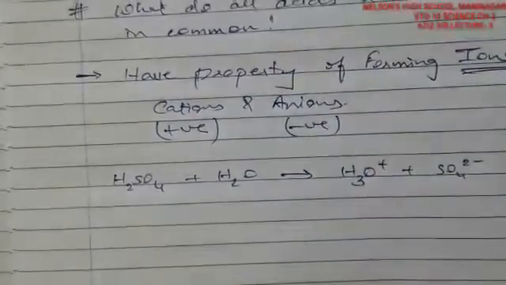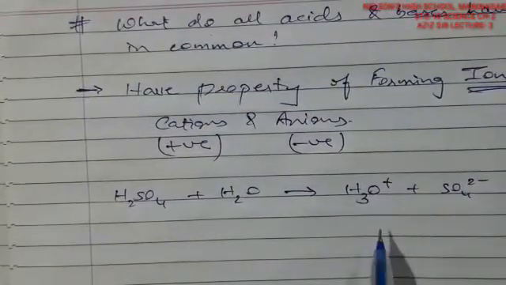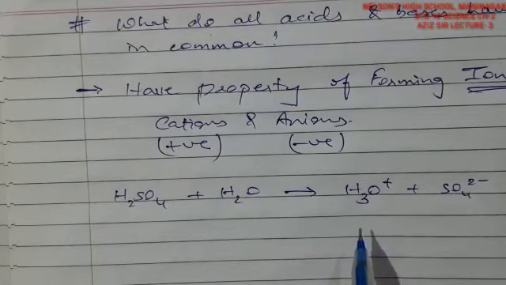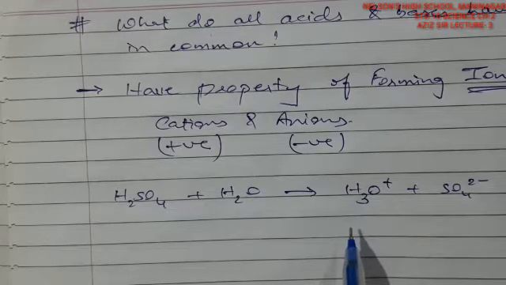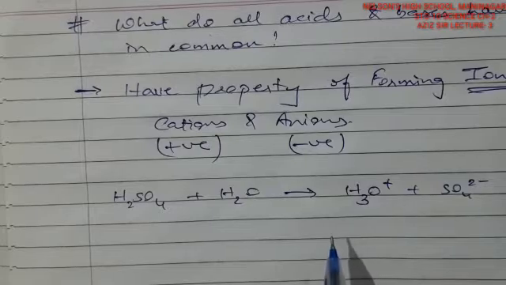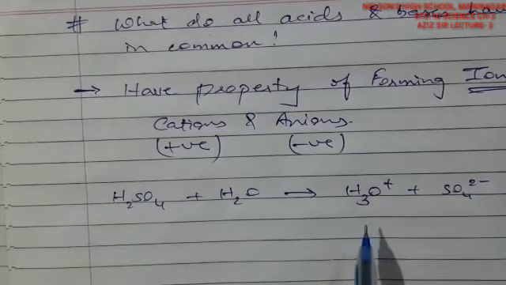Because of the forming of ions, electric current passing is possible. Pure water does not pass any electric current, but in case of acids, yes, the electric current is passed because of the property of forming ions.